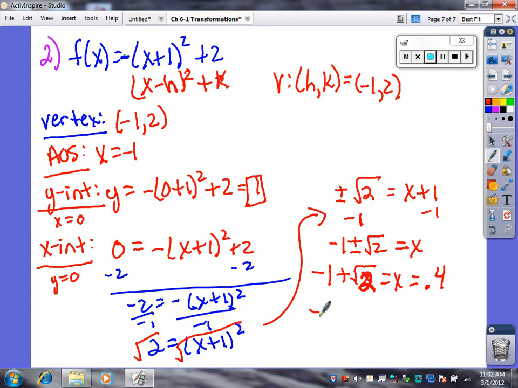And then we're going to do negative 1 minus the square root of 2. That's where the plus and minuses come from. Equal x. So negative 1 minus the square root of 2, because I can't do those in my head, gives me negative 2.4.